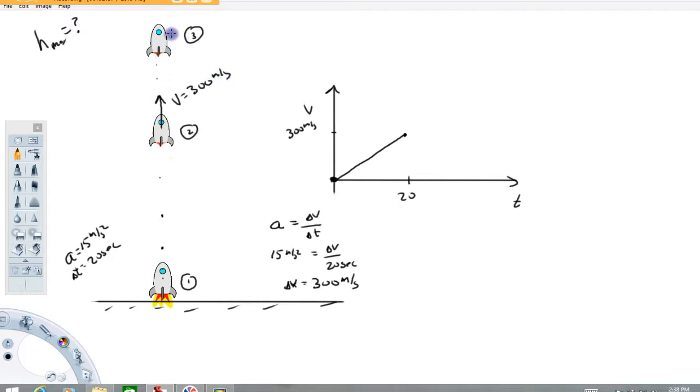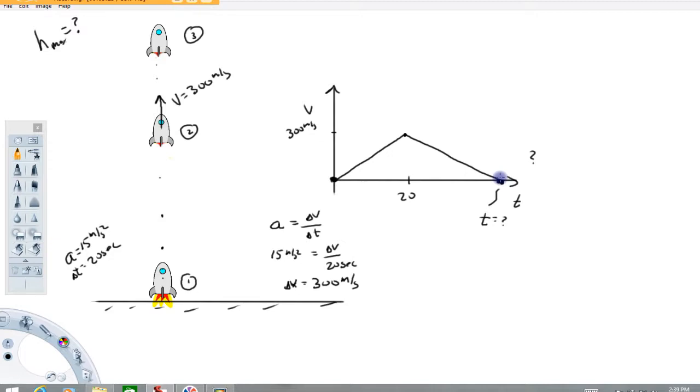At position 3, it's gotten as high as it's going to get, so it's not moving anymore. I could start my clock over and call this t equals 0, but I don't see any reason to. On my graph, the velocity is going to start dropping, and I'm wondering at what point the velocity is going to be 0.